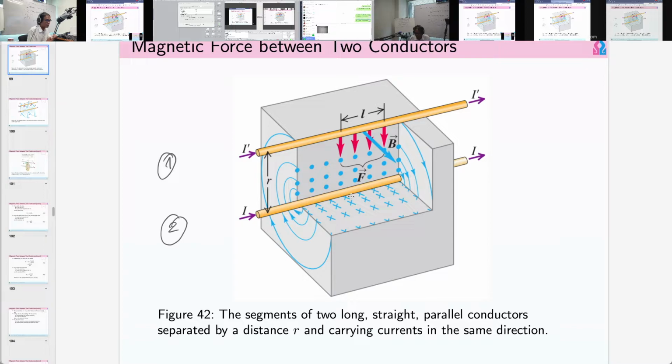In this cross-sectional view, you see many dots on this plane, and the dot symbol means the head or the front view of any vector quantity. So the magnetic field points out of the plane at this location, because we see the head view of the arrow of the vectors.